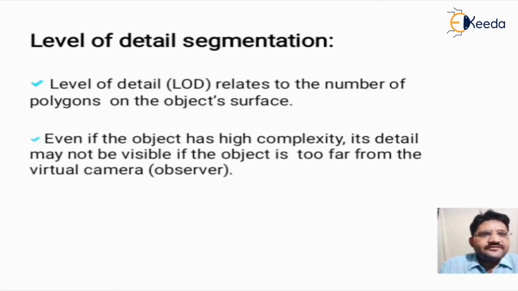LOD relates to the number of polygons on the object surfaces. If the object has high complexity, its detail may not be visible if the object is very far from the virtual camera, or where the observer is situated.